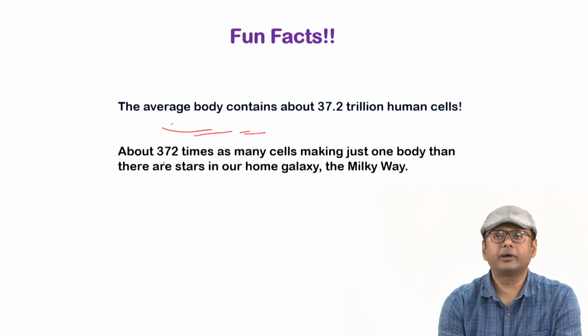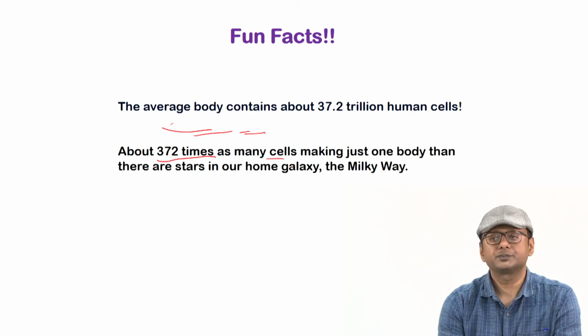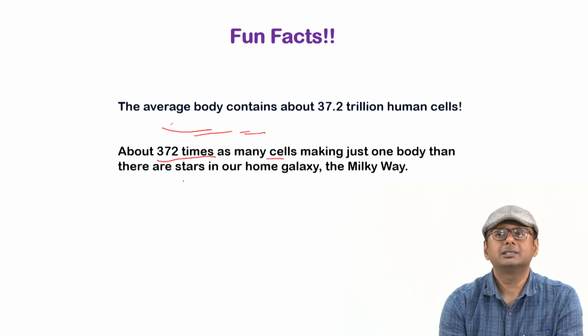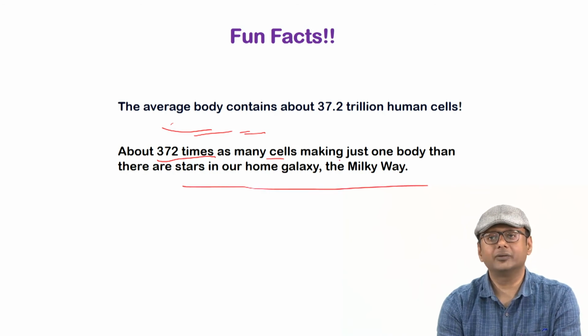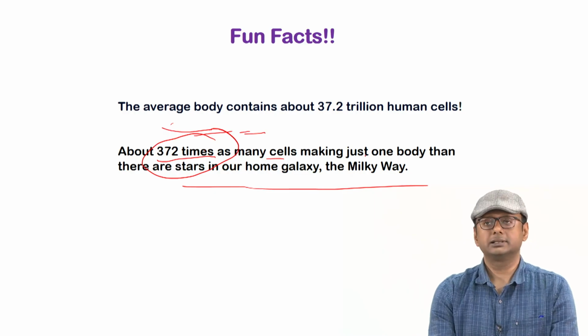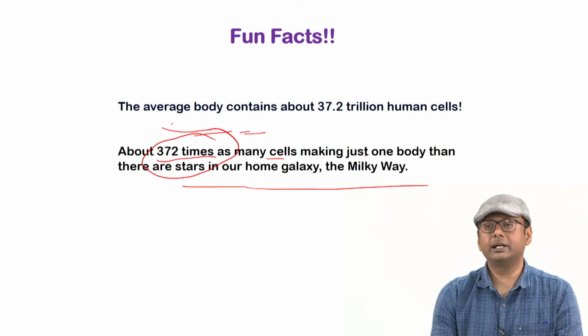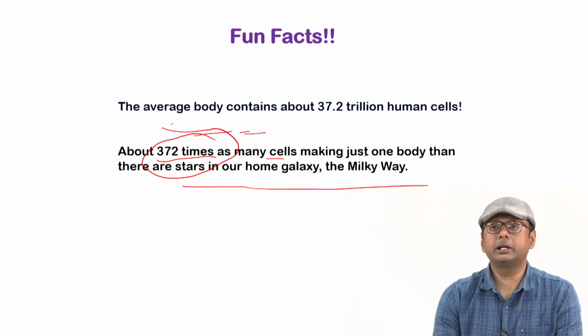Another important fun fact: there are about 372 times as many cells making just one body than there are stars in our home galaxy, the Milky Way, right? So you can see that 372 times as many cells are present in one single body, and this many stars are not even present in the galaxy. So you can see the variation of the cells that is important to execute different functions.